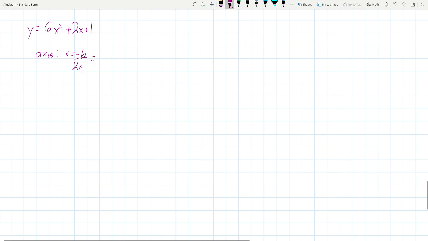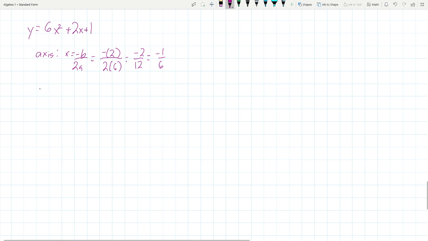And so we got negative 2 over 2 times 6. And so my answer is negative 2 over 12, which equals negative 1 over 6. That's my axis of symmetry.